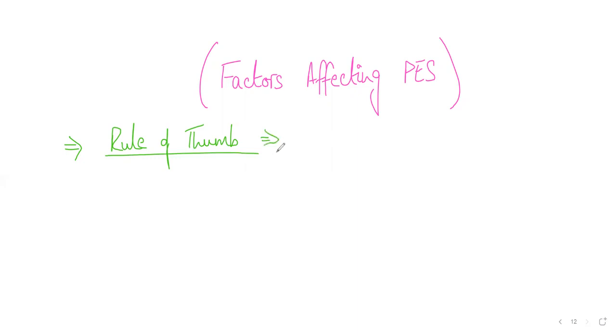So the rule of thumb says, if something is relatively easy to produce in terms of time, in terms of resources, then it will be more elastic. And if something is relatively difficult to produce, like in terms of time, it's a more time consuming process, or it takes more resources, as I'll give you examples in a bit, that will be less elastic.